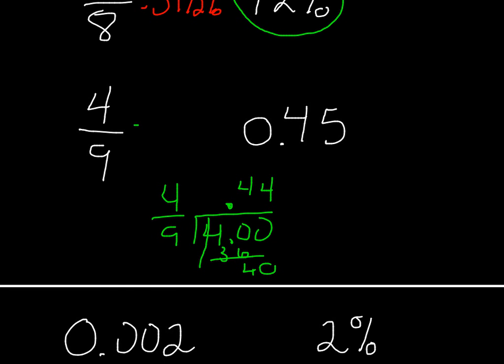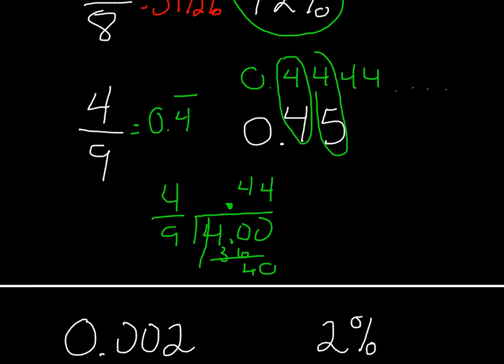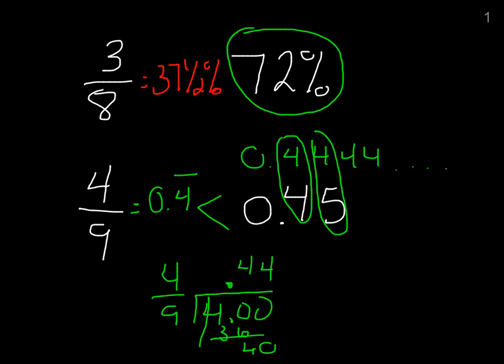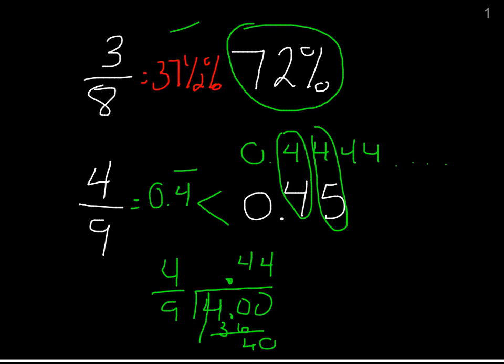So 4/9 is the same as 0.4 with a bar, which means it's 0.444444 and keep going. Because this one is the same here, but the 5 is bigger on this one, 0.45 is bigger. Up here, of course, it's also that way. That would be a less than symbol.